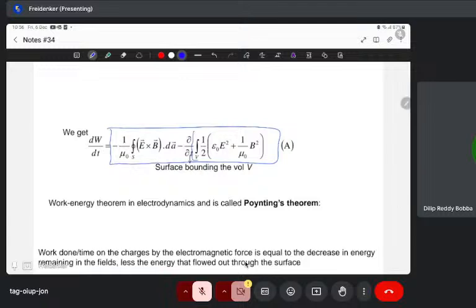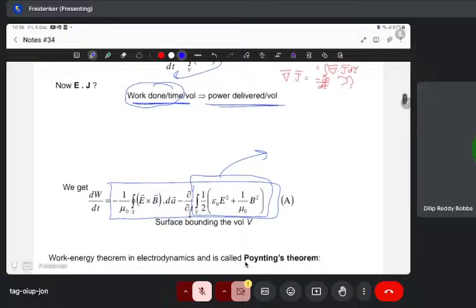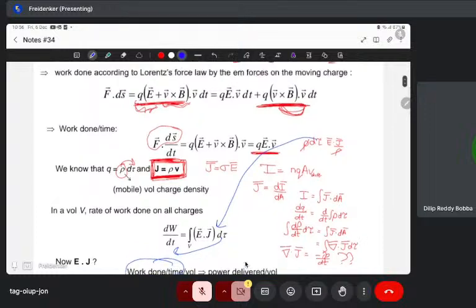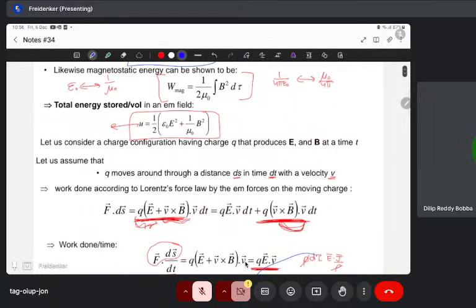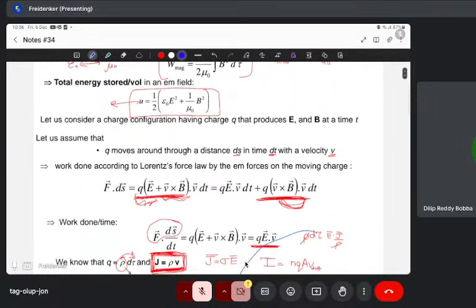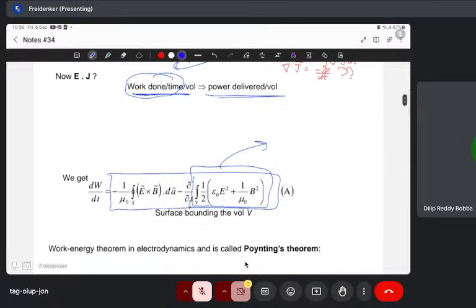This was here, no? This is a small u. Wait, here an integral is missing altogether.